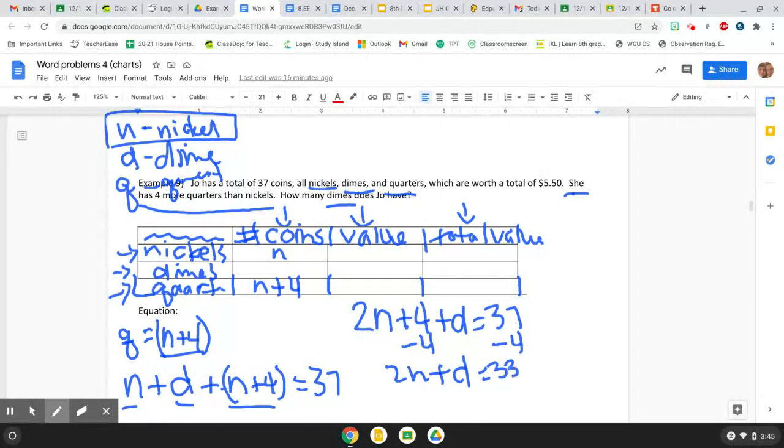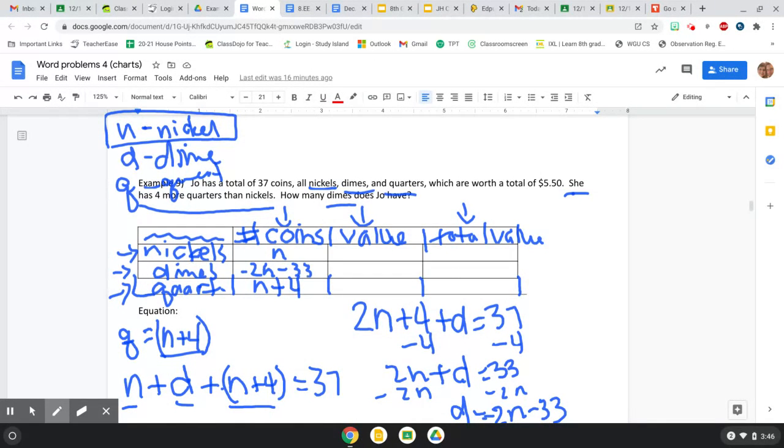And the last step to get d by itself is to subtract 2n, and d would be equal to negative 2n minus 33. Okay, so dimes can be represented by this negative 2n minus 33.